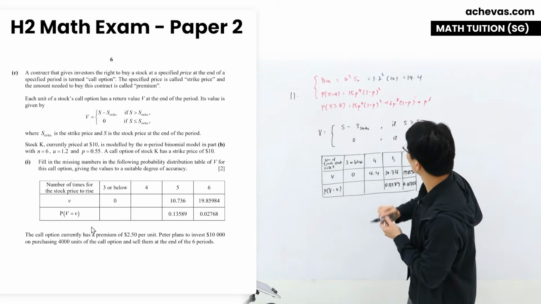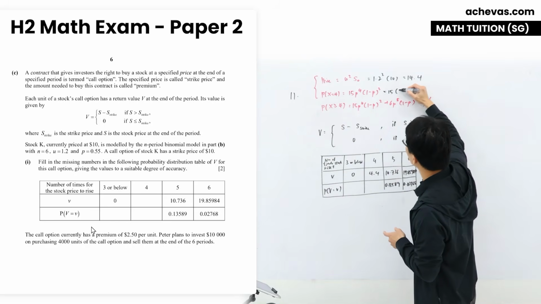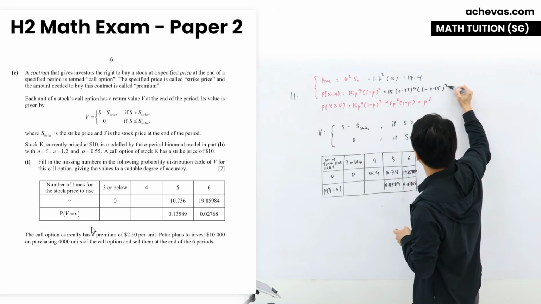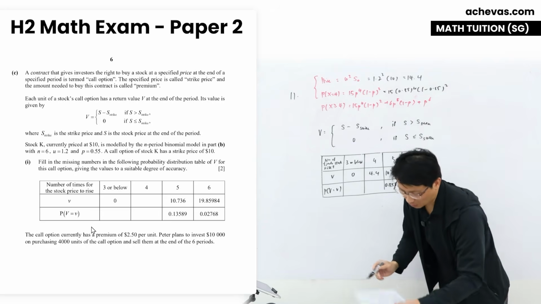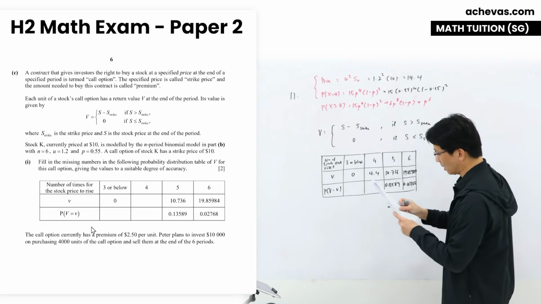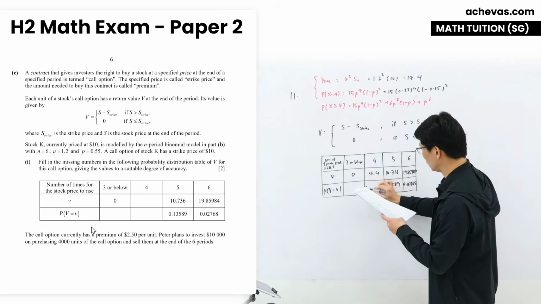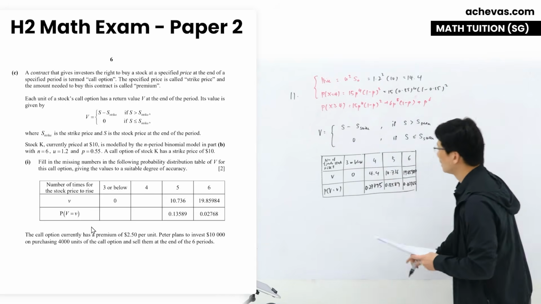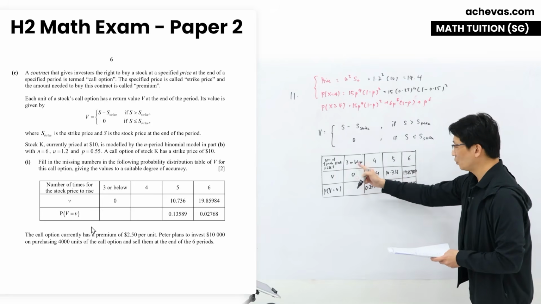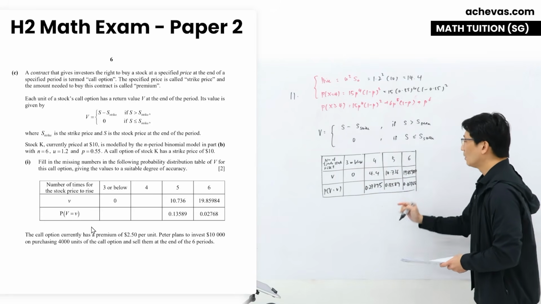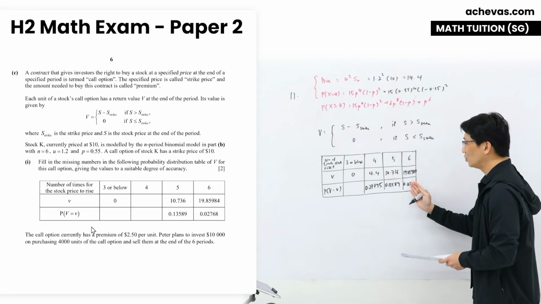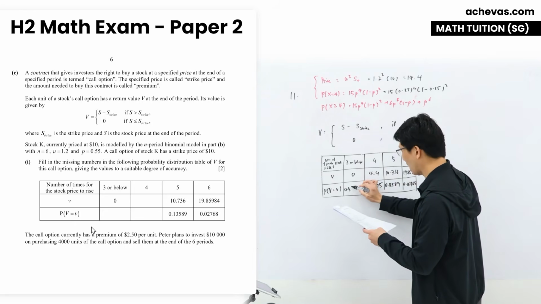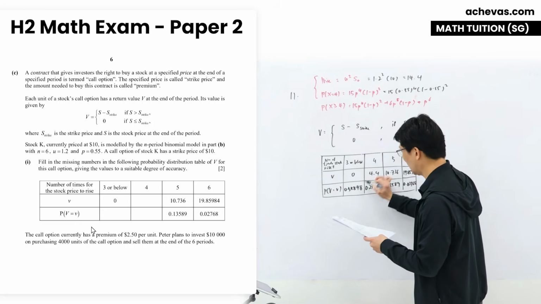By subbing in 0.55, which is 15 times 0.55 to the power of 4, times 1 minus 0.55 squared, I will be able to work out an answer of 0.27795. And for the probability of 3 or below, which is 0, I can just use 1 minus the rest, which will give me a value of 0.55848.